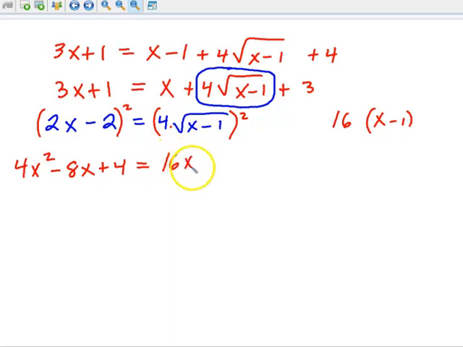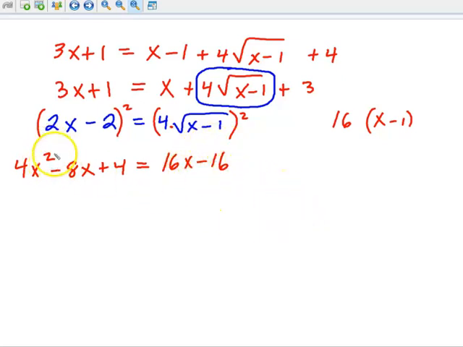And you get 16x minus 16. So that's how you treat the squaring of a product where one of your factors is just a whole number and the other is a radical. You just treat them as two separate squarings and then multiply those two results.